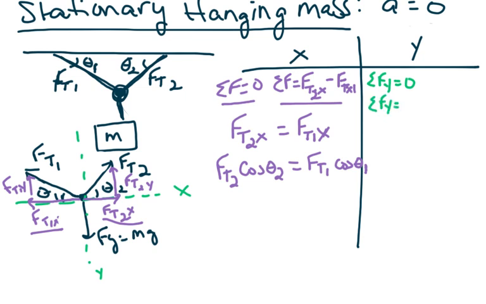The sum of the forces now are equal to these two upward components of the tension, FT1y plus FT2y minus the gravitational force, because that's the one going down. So I can combine these two equations together now. So that means FT1y plus FT2y, those two vertical components have to add up to equal the gravitational force.